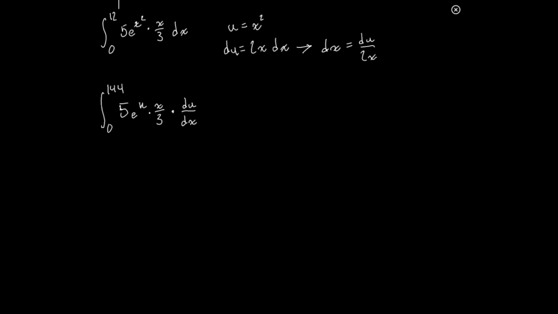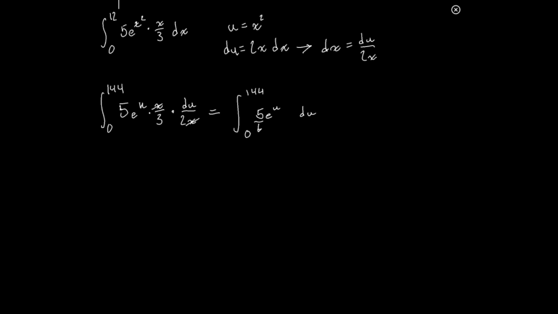Aha, now our x's cancel out. Sorry, this is not dx, this is 2x. Anyway, our x's cancel out, and we're left with the integral from 0 to 144 of 5e to the u times 1 over 6 du, which of course all this just goes away, and this is 5 over 6.